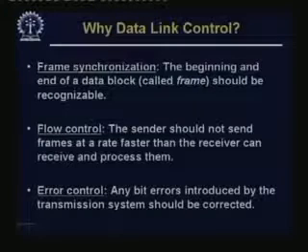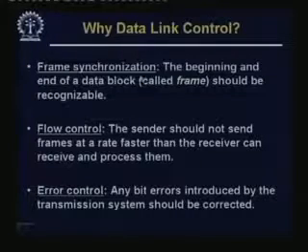These are the main functions of the data link layer. Not all of them or not all combinations are used in all situations, but these are the general categorization of the kind of thing that we would be concerned with in data link layer.